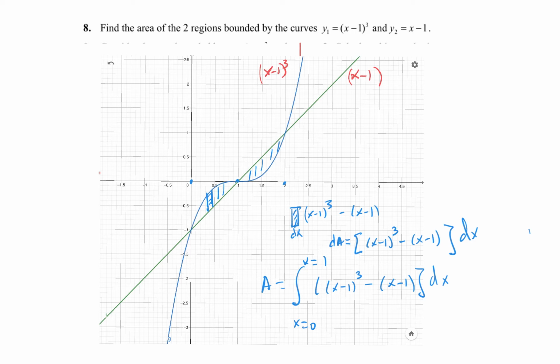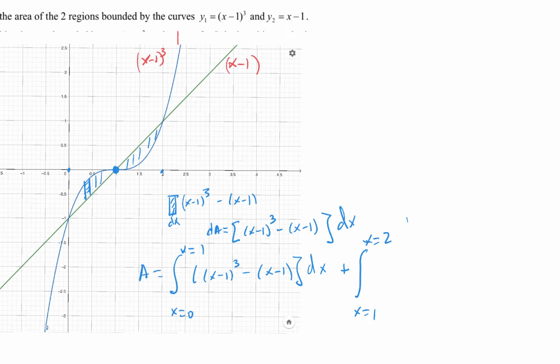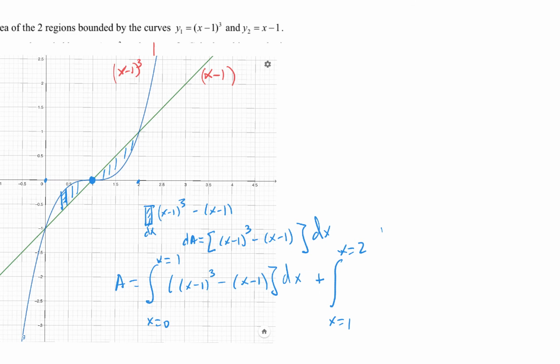Now we need to sum the other area. What is the other area? The other area is the integral from x equal 1 to x equal 2, of the upper, which is x − 1, minus the lower.